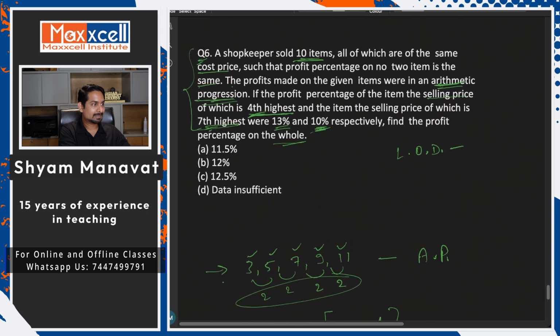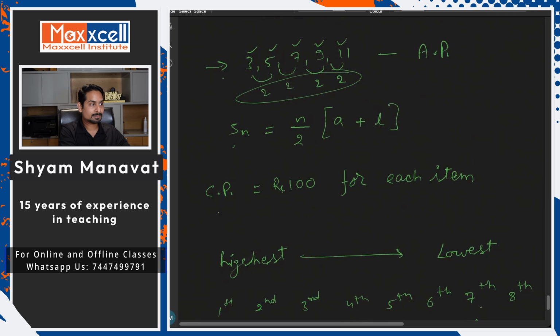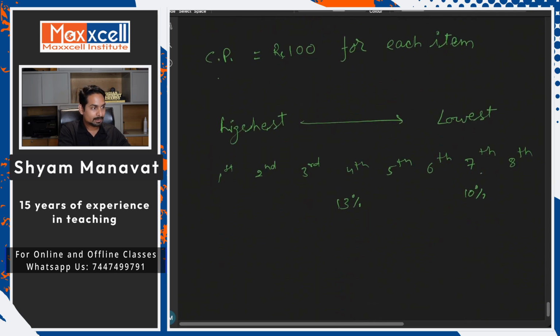It's clearly mentioned in the question that the profit made on the given items were in arithmetic progression. Now, what does arithmetic progression mean? The difference should be common. What difference should I maintain between 13 and 10 so that I can find an arithmetic progression? You can see the total difference of 3 over 3 terms. If you apply a little common sense, with a difference of 1% each, like 12% and 11%, you will find the next one to be 10%.